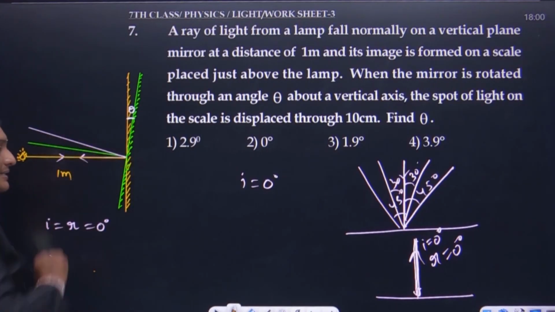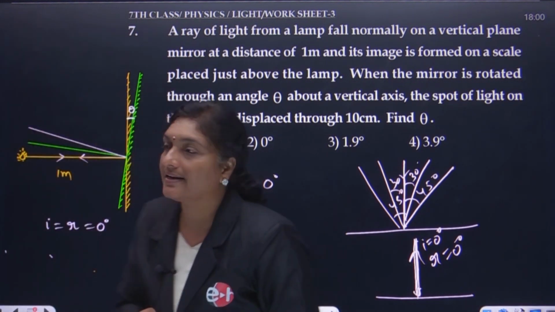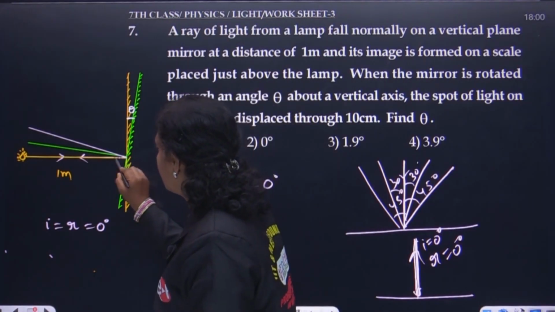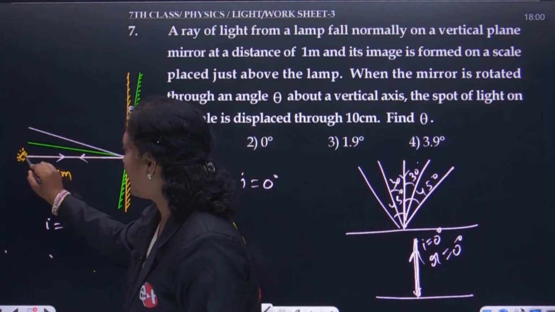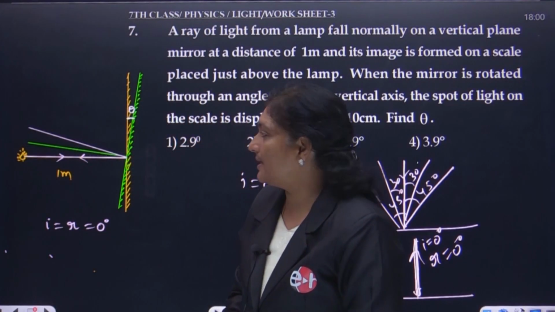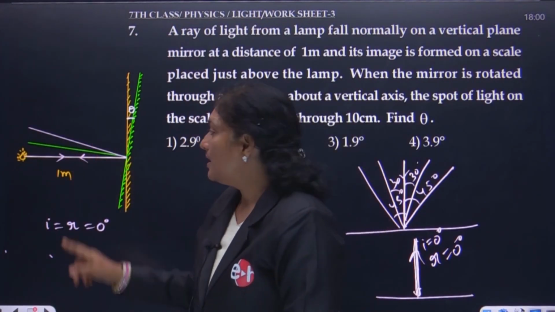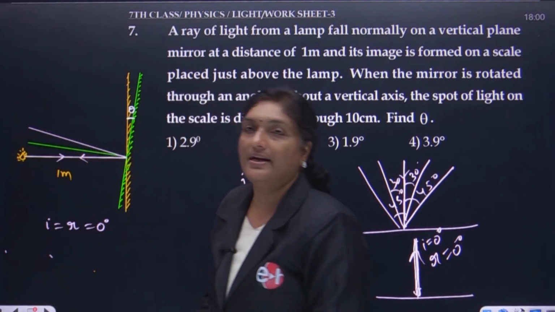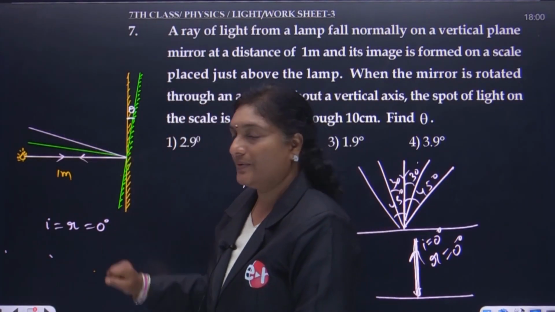Mirror rotates by an angle theta. Normal shifts by an angle theta, whereas the reflected ray shifts by an angle 2 theta. So, where was the initial reflected ray? Here was your initial reflected ray; this incident ray as well as the normal were in the same direction. So, the initial reflected ray was this and the final reflected ray was the latter one.